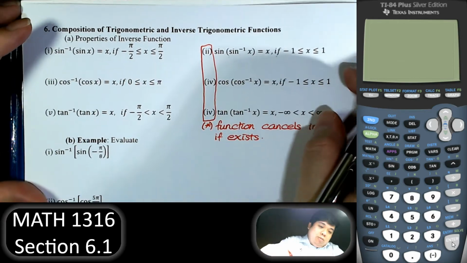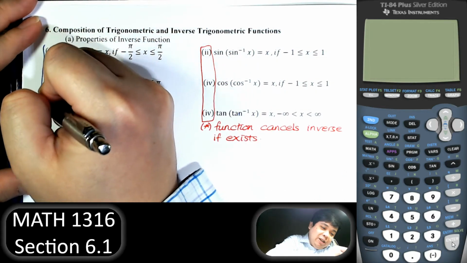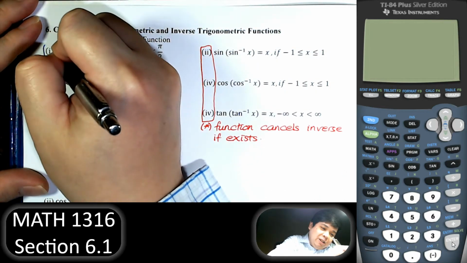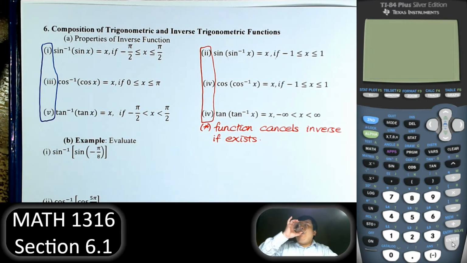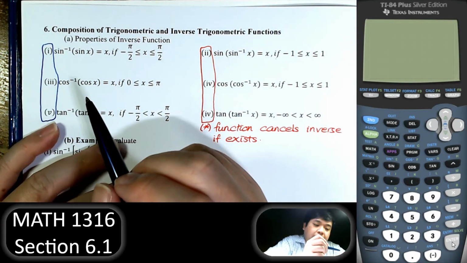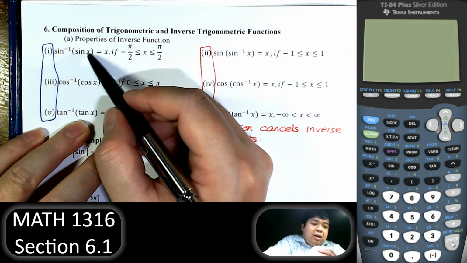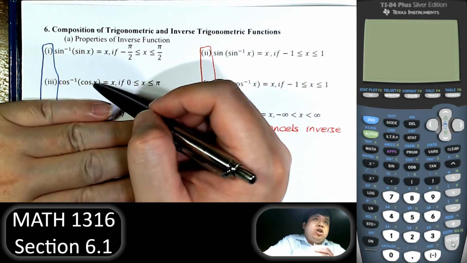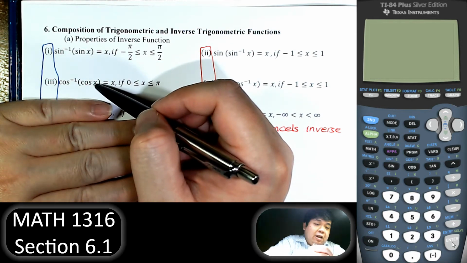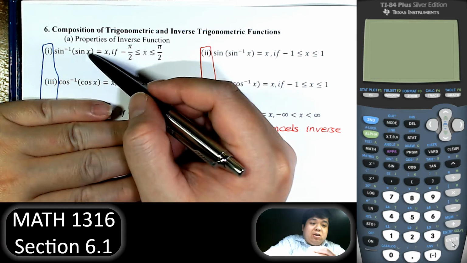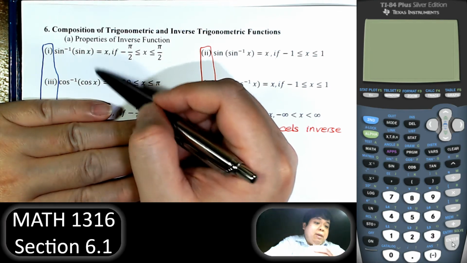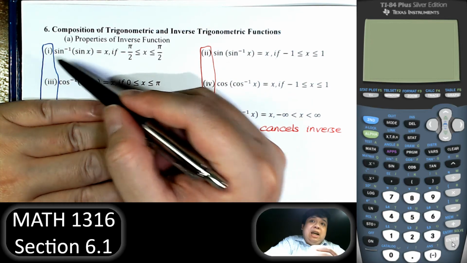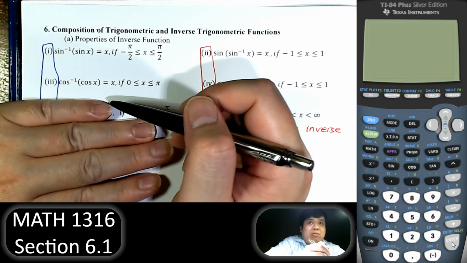Now the interesting part over here, especially the first two, it may exist because for sine and cosine, the domain is all real numbers. Pretty much we can put anything into x. It exists, but the answer may not simplify.